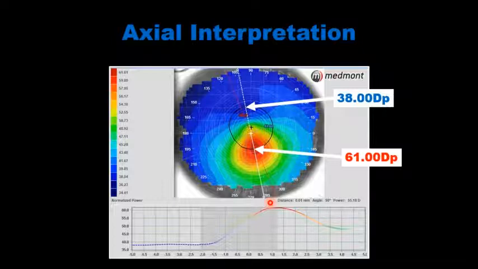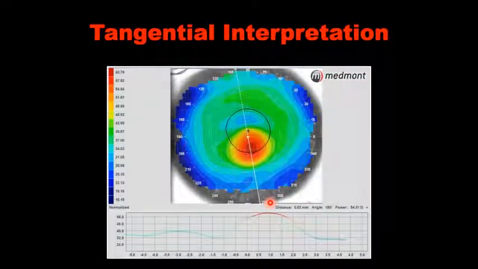If we look down here at the graph, this darker gray area is where the topographer measures the diameter of the pupil. And we see this massive curvature change or power shift within that small area. So clearly this patient would struggle with glasses or conventional soft lenses. We would need some kind of specialty contact lens here to provide any kind of quality of acuity.